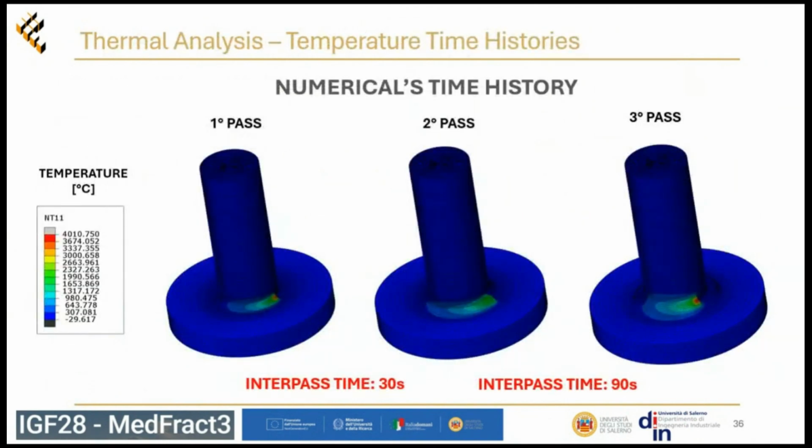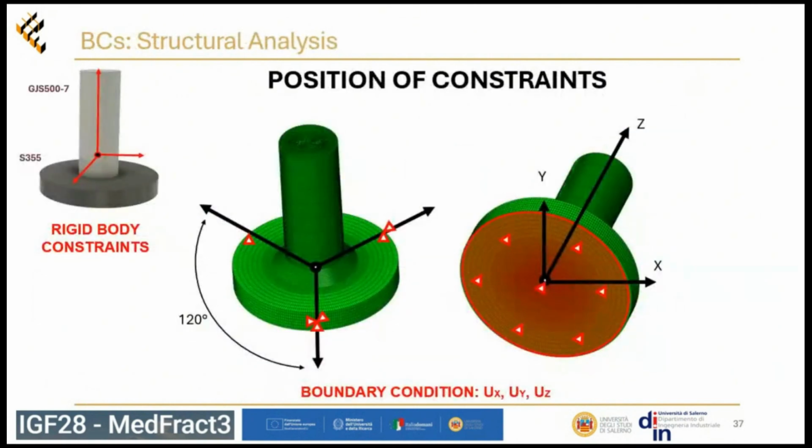This is the temperature distribution during first, second, and third pass. We used an interpass time, as in the real case, of 30 seconds between first and second pass, and 90 seconds between second and third pass.